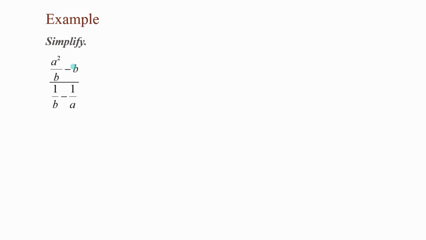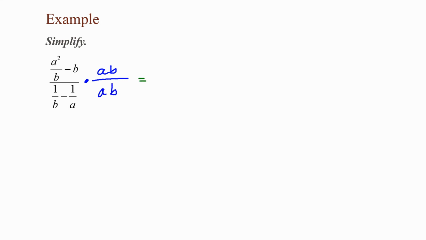And remember, I have a numerator and then a denominator of my large fraction. Deciding what to multiply this by, I need to look at my denominator for the 4 fractions. I have b, 1, b, a. Our LCD is going to be a times b.